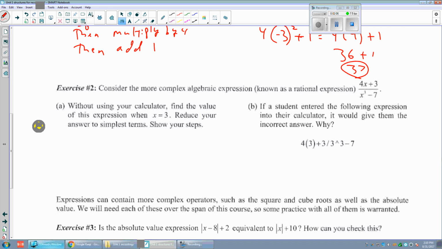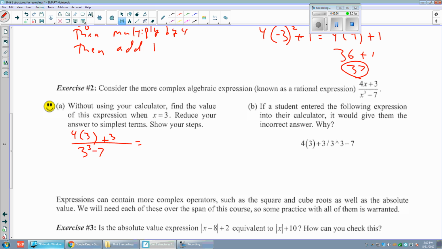Consider the more complex algebraic expression known as the rational expression or a fraction. So what I'm going to do is show you how to do this without the calculator. Let's plug 3 in everywhere there's an x. 4 times 3 plus 3 all over 3 cubed minus 7.